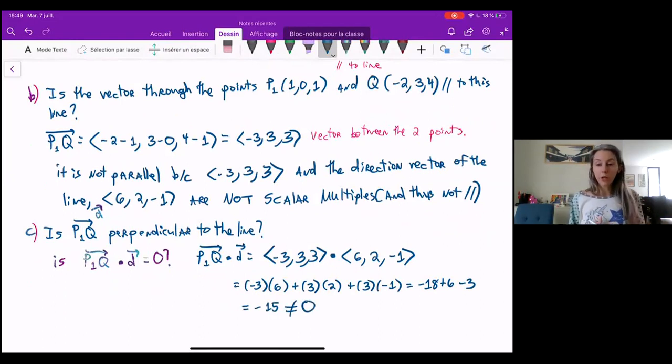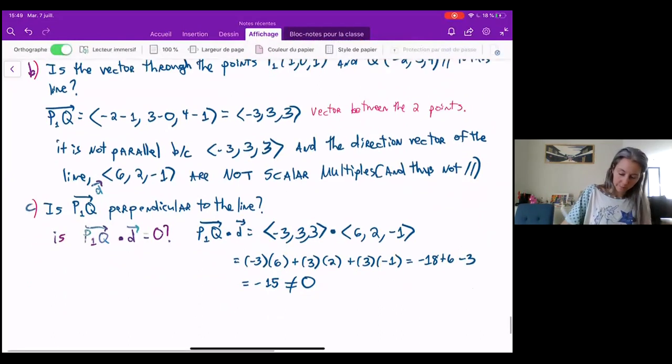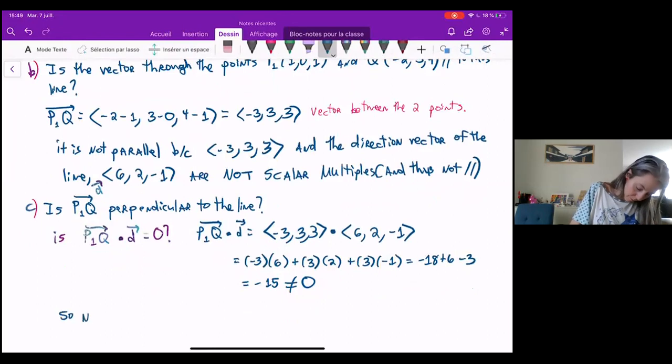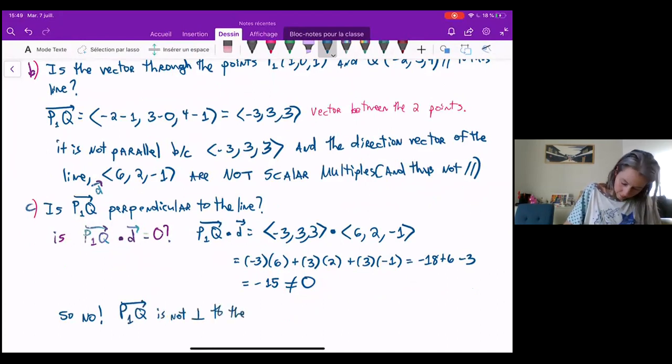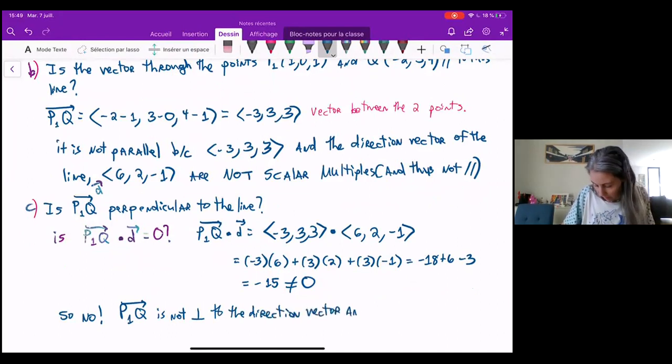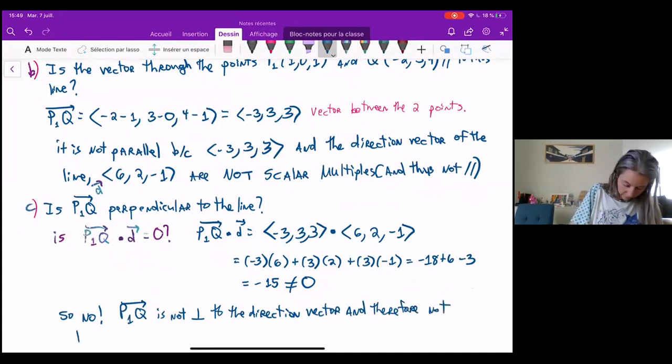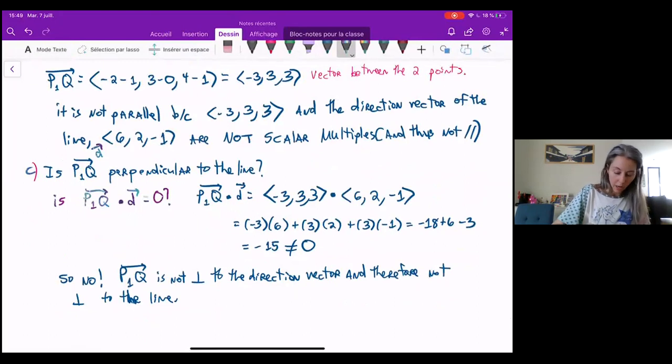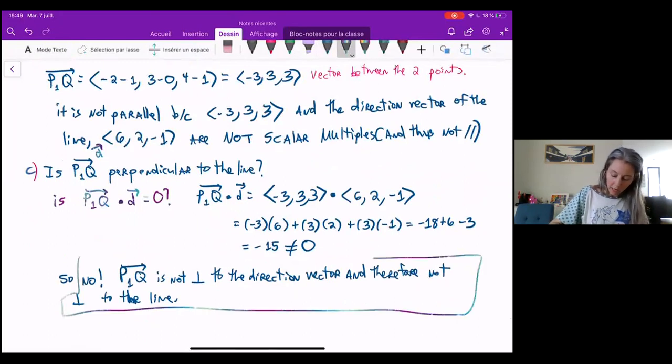So it is not perpendicular to the direction vector and therefore not perpendicular to the line.